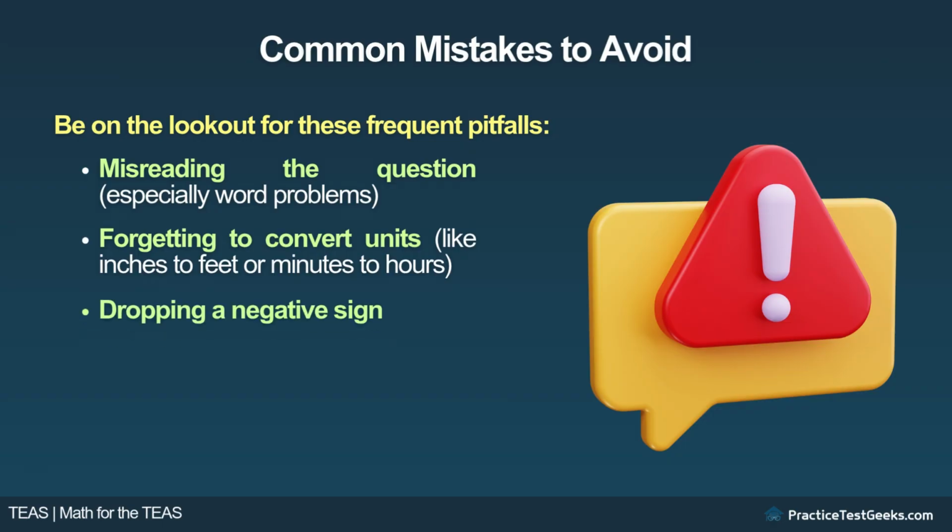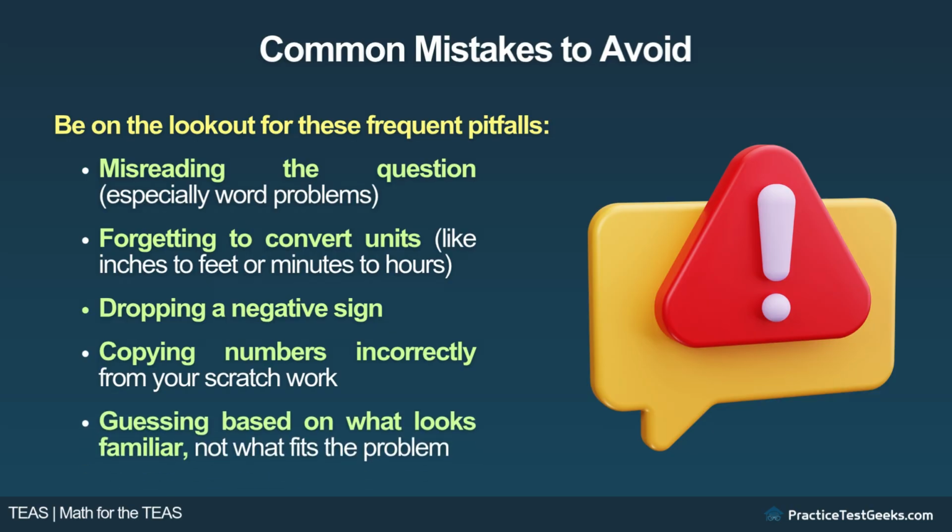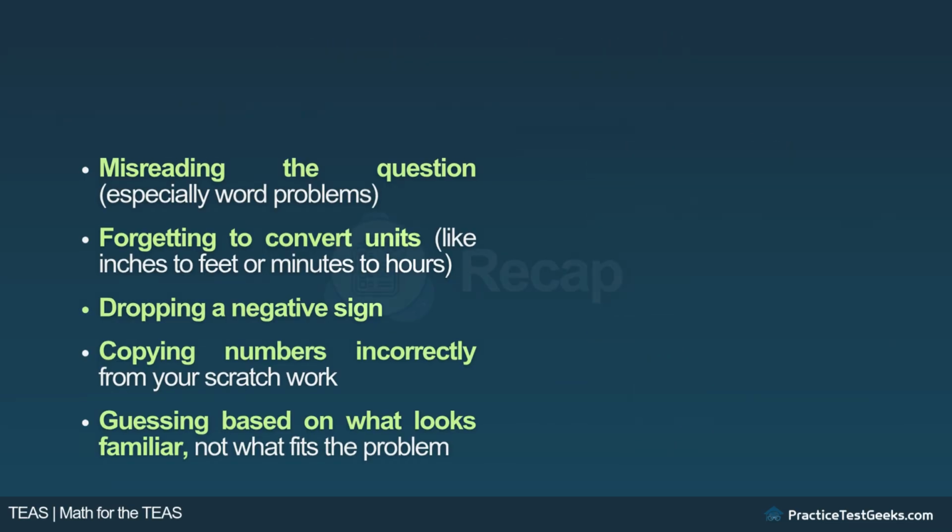Another frequent error is dropping a negative sign. One small symbol can change the whole equation. Also, be careful when copying numbers from your scratch paper. A single digit off, and your answer's wrong. And finally, don't guess based on what looks familiar. Pick the answer that actually fits the question. Take your time to double-check, but only after you've finished every question and have a minute to spare.